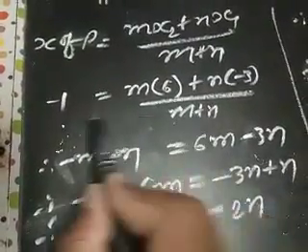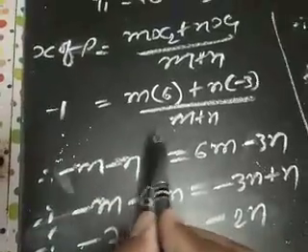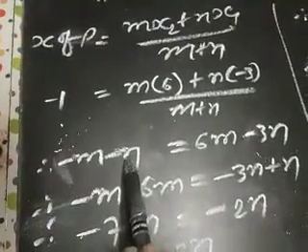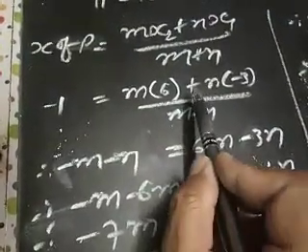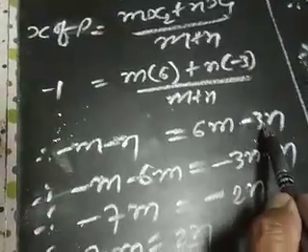Now we simplify. We multiply (m plus n) with minus 1, so it is minus m minus n, is equal to 6m minus 3n.